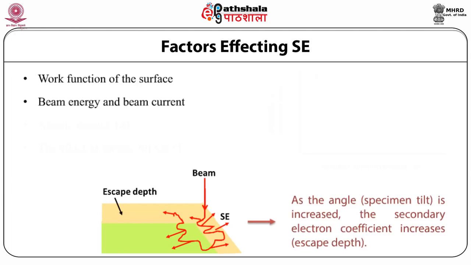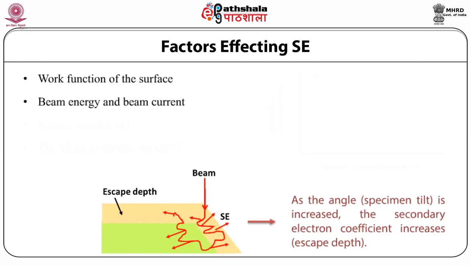The escape depth of the secondary electron is small, a few nanometers, so all of the secondary electrons created by the beam electrons at greater depths are lost. The electron yield goes through a maximum at low accelerating voltage, then decreases with increasing accelerating voltage.